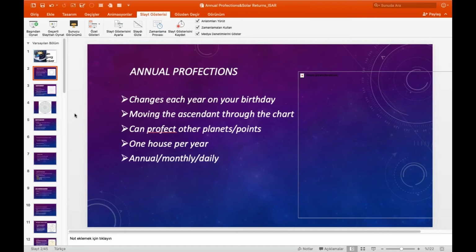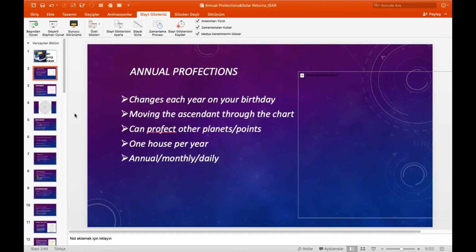But mostly we profect from the ascendant. But you may choose to profect from your Sun, from your MC, from Venus. This is also possible. But the most used one is moving from the ascendant.